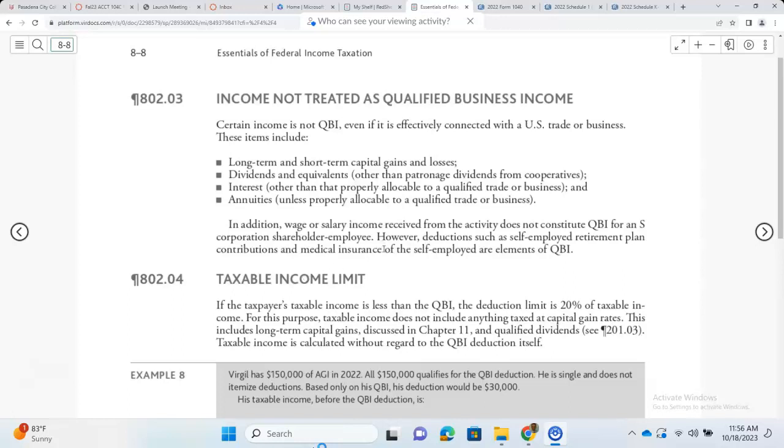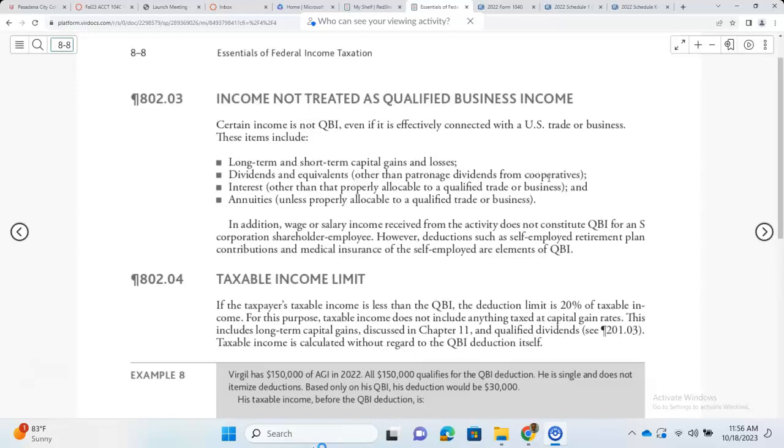Can you, after dividends, is it equivalents other than patronage dividends from cooperative? What is that, patronage dividend? I believe there are some businesses that they call cooperatives.